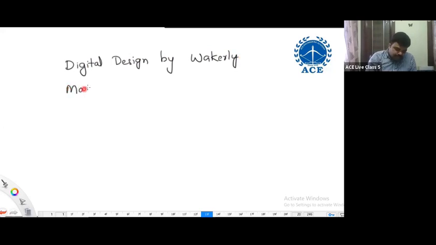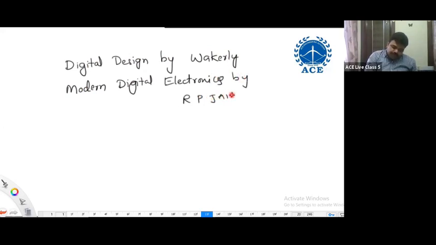Next, Modern Digital Electronics by R.P. Jain. And Digital Design by Morris Mano.